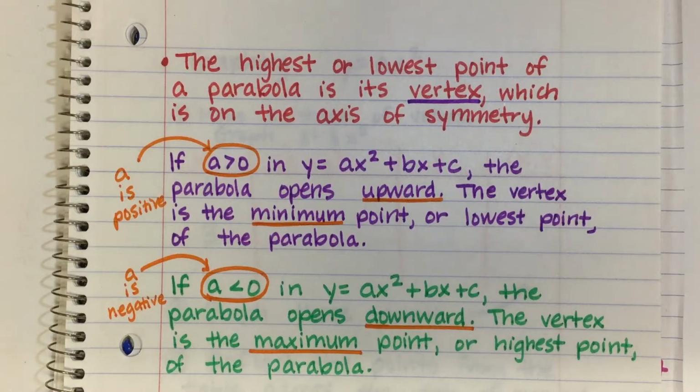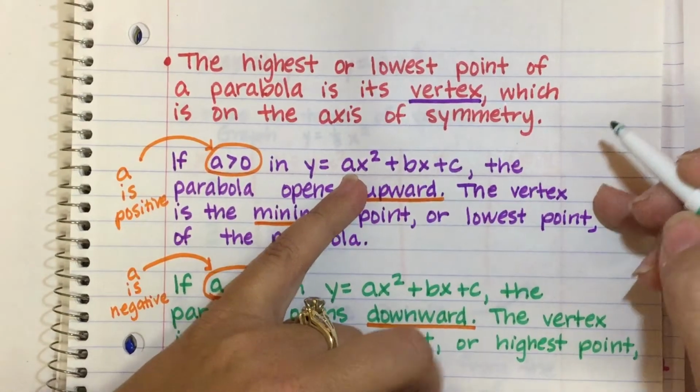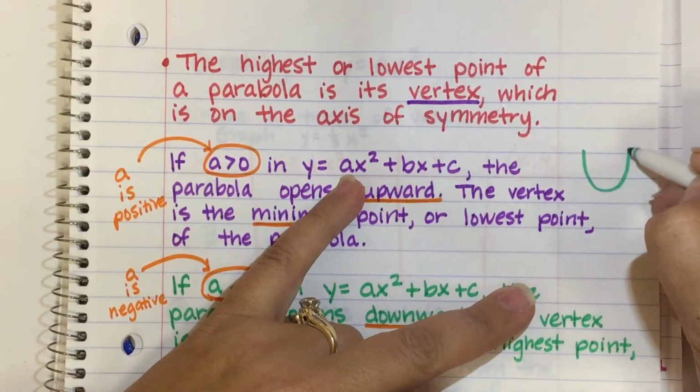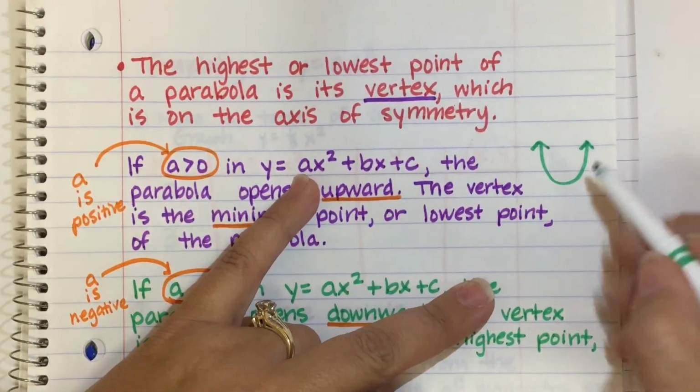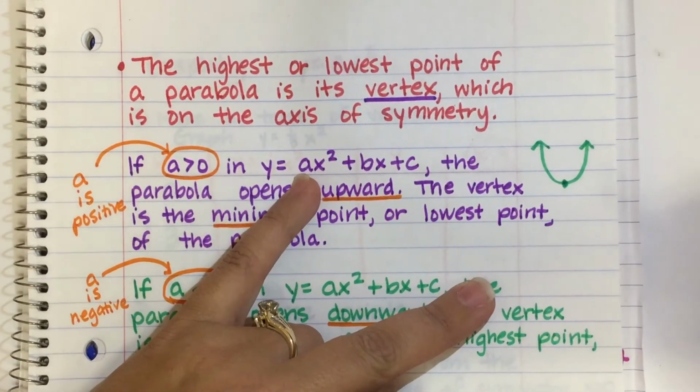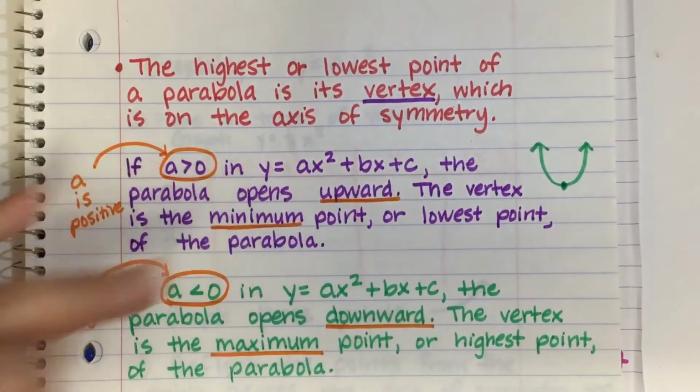Alright, if a is greater than 0, which means that a is positive, in y equals ax squared plus bx plus c, then the parabola opens upward and the vertex is the minimum point or the lowest point of the parabola. So if a is positive, then your graph is going to look like this. It's going to open up, and this lowest point here, your vertex, is a minimum.